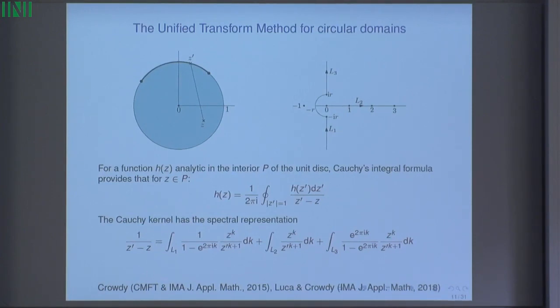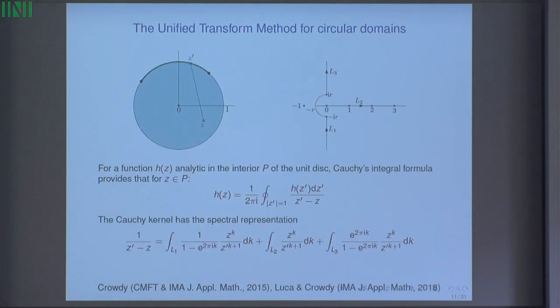This was introduced by Crowdy in 2015. So these are some exponentials which decay along the integration contours. So this is L1, L2, and L3, called the fundamental contour, and is given in this figure here. So L1 is the negative imaginary axis, and then this small circle.